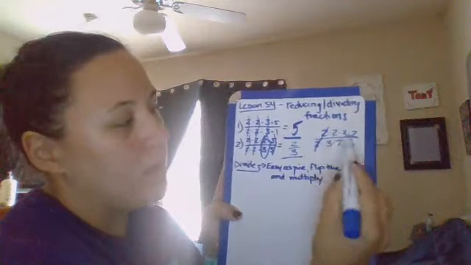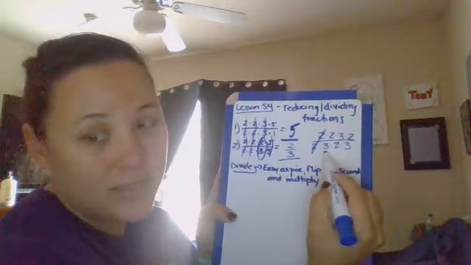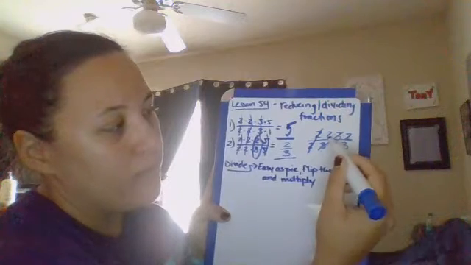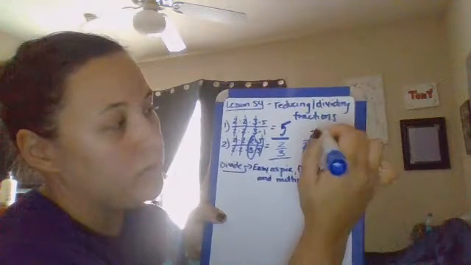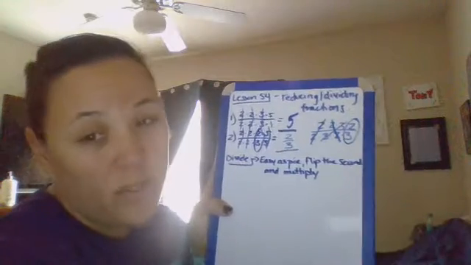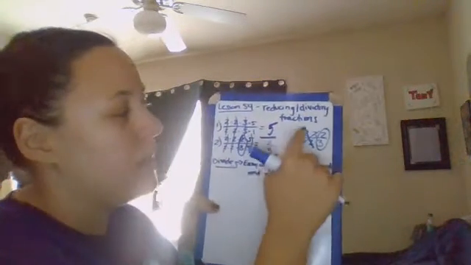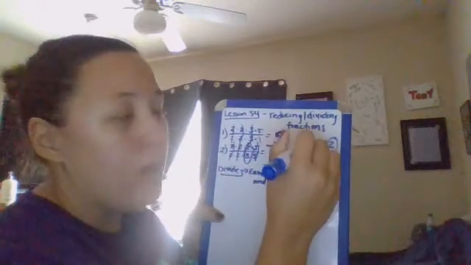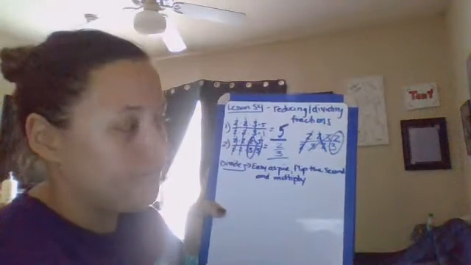Even though they're not lined up, I still have a 3 and another 3, so that can go away. And then I have a 2 and another 2 down here, so that can go away. And then all I have left is 2/3. So even if they're not lined up, if there is that other number down there that's not being used, that would still equal 1 and you can get rid of it.